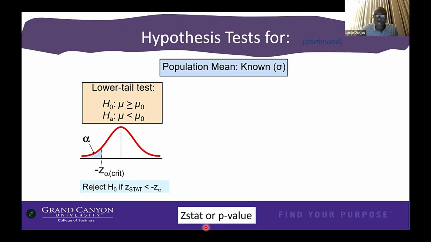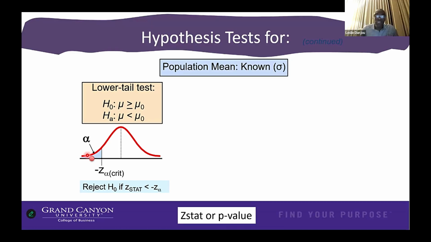So let's say, for example, we tested and your dot fell right here. We would say reject the null hypothesis. Whatever the claim, whatever the statement is, that it's less than 30 gyrations per second, if it fell right here, you would reject the null hypothesis. The alternative is true.